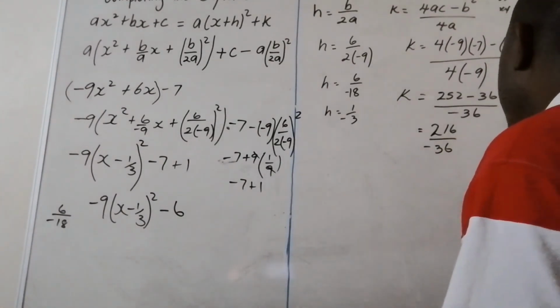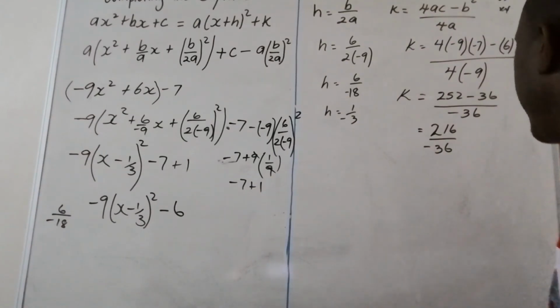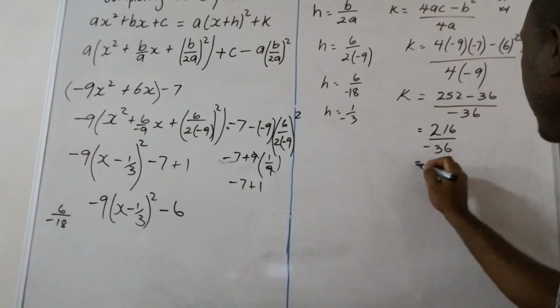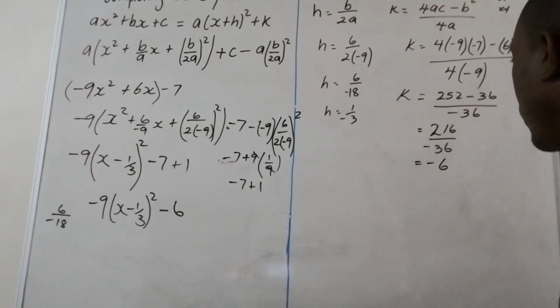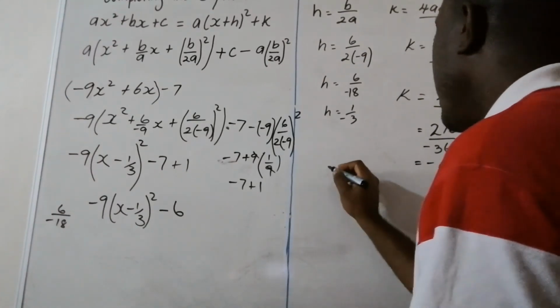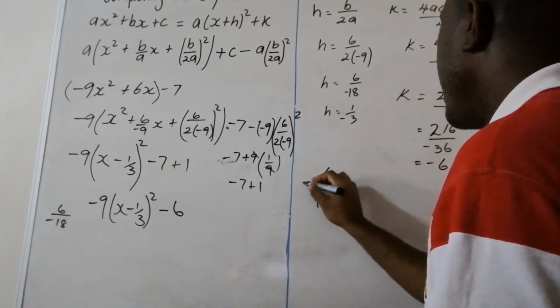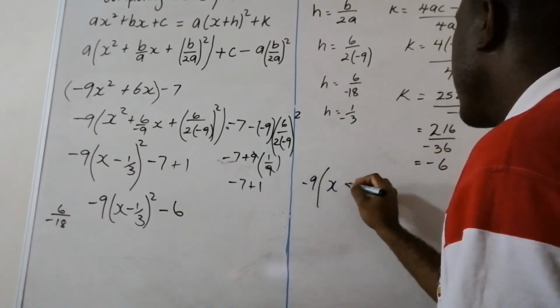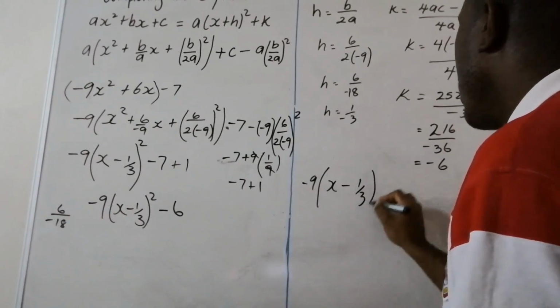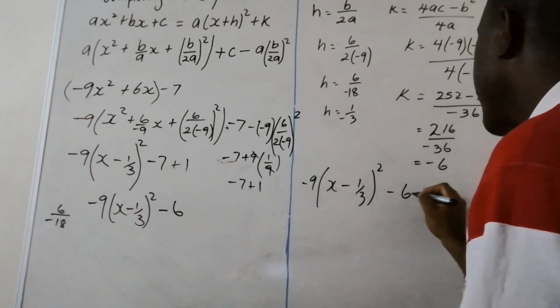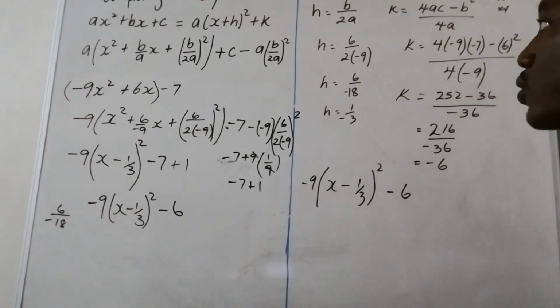And dividing that, we will get minus 6 as our answer. So we can rewrite it as minus 9 x minus 1/3 all squared minus 6 in the completed square format.